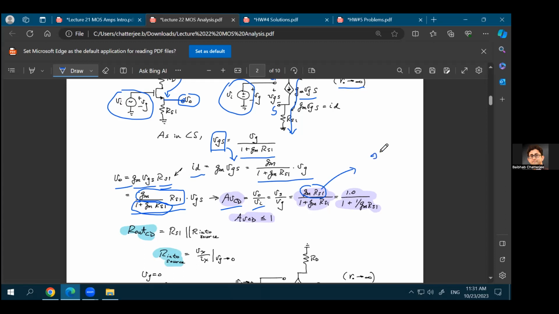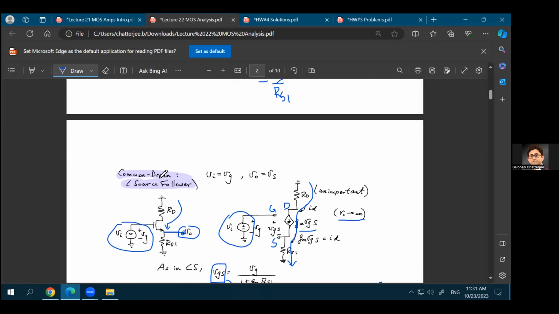So you have 99 in the numerator, and in the denominator you have 100. So your gain is almost equal to 1, right? That's why we were saying that it does not matter what the value of this RS is, your gain in this case will be almost equal to 1. And that's the use of your common drain configuration, which is used as a source follower with a gain equal to 1.